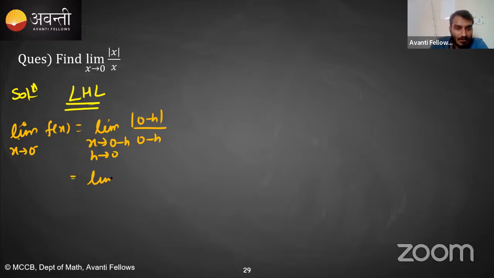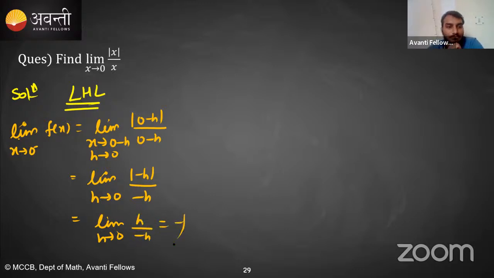Which is limit h tends to 0, mod of minus h upon minus h. So what is mod of minus h? h only, right? Upon minus h, which is -1.